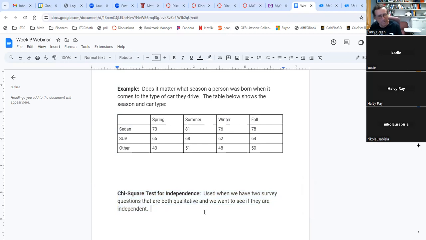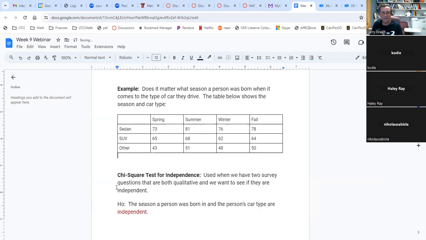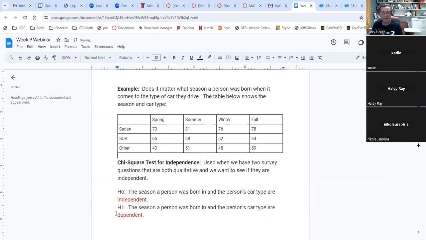Okay, so then we do step by step. We're used to this. So the next step is to state the null and alternative hypotheses. And here they are. H naught, the season a person was born in and the person's car type are independent. Notice I highlighted the word independent, saying it really loud.